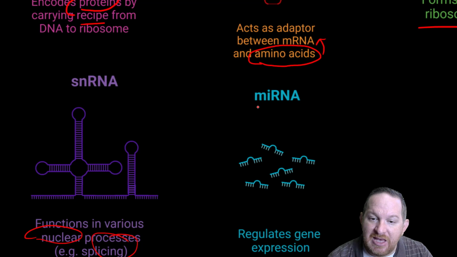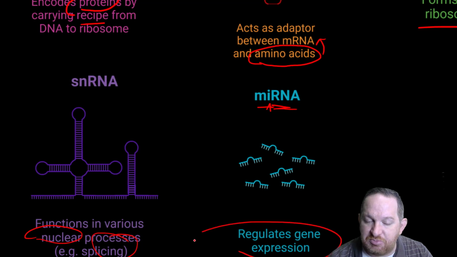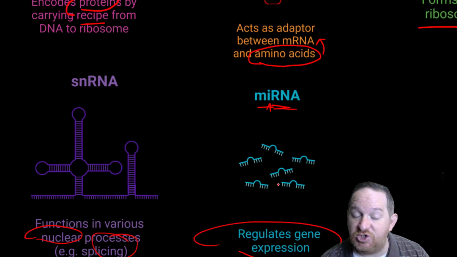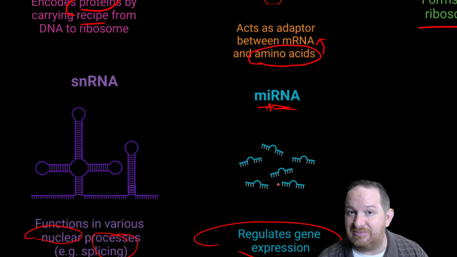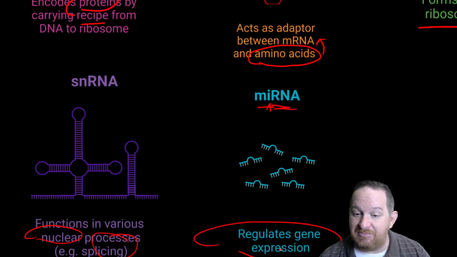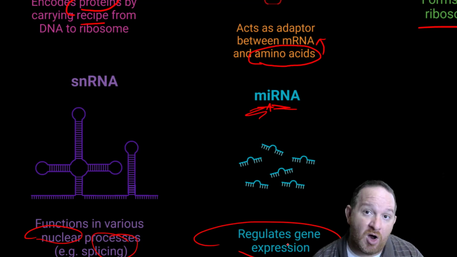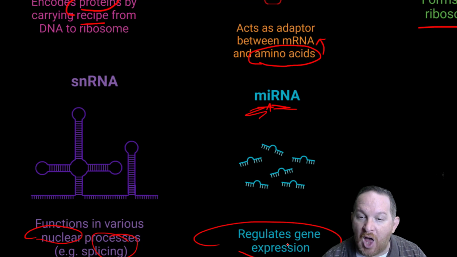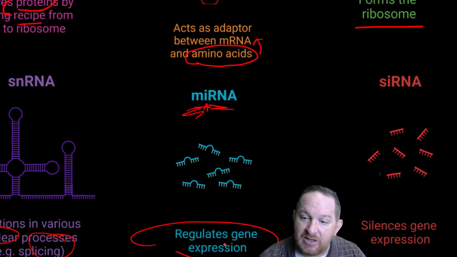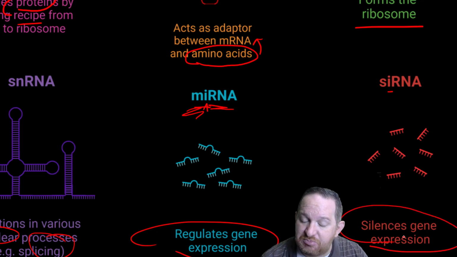miRNA is kind of like a little interfering RNA, and this is going to help regulate gene expression. Right? Just because you have genes, you have the DNA, doesn't mean that DNA is turned on, doesn't mean it's expressed. So miRNA is going to help regulate if the gene is turned on or off, or if it's expressed or not. And then the last one is siRNA, another interfering RNA, and that is going to silence gene expression.